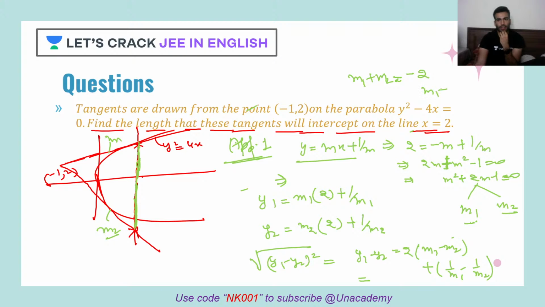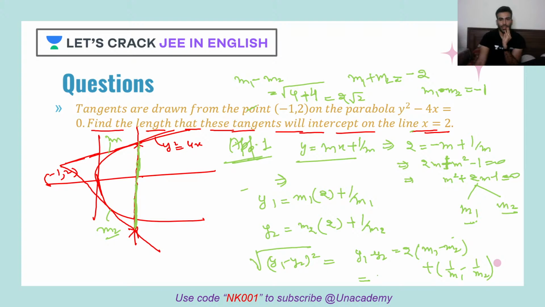Whereas m1 into m2 is c by a, so minus 1 only. Clear? Okay. So my m1 minus m2 would be the root of this square, so 4 minus 4 times m1 m2. So this will come here. I'll have 2 common and root 2, so 2 root 2. Clear?